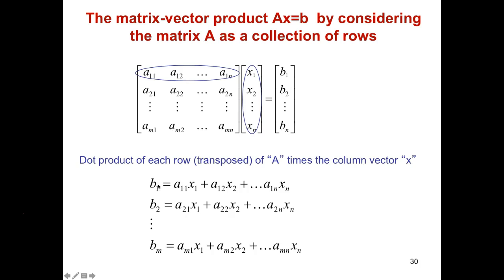So if I look at this as a vector, b1, b2 through bm, this should be m.